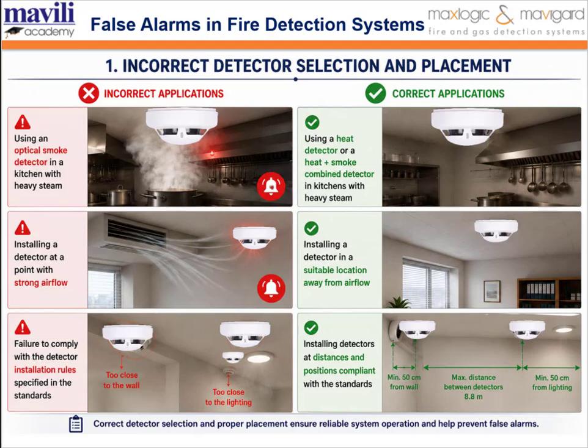For example, using an optical smoke detector in kitchens where steam is intense, placing detectors in areas with strong air currents, or not complying with the mounting rules specified in the standards can cause an alarm to occur even though there is no actual fire.